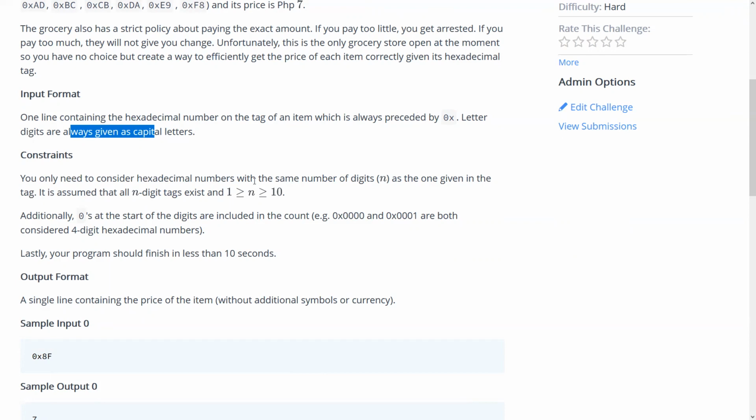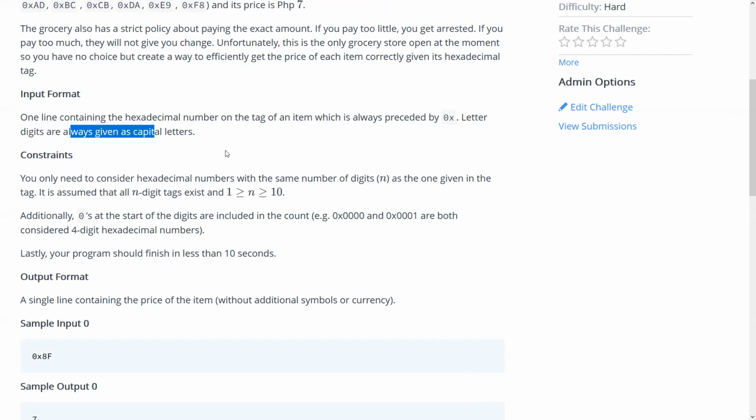Yung constraint natin dito, you only need to consider hexadecimal numbers with the same number of digits as the one given in the tag. This also means na pagka 5 digits yung nasa tag, consider lang natin na other hexadecimal numbers, yung mga 5-digit hexadecimal numbers din when getting your price.